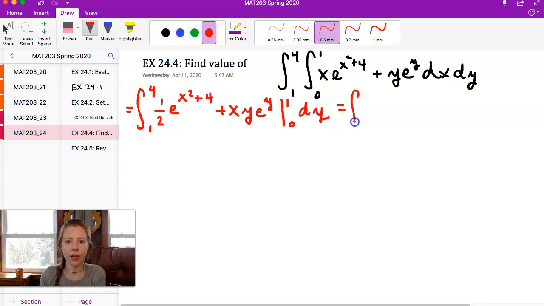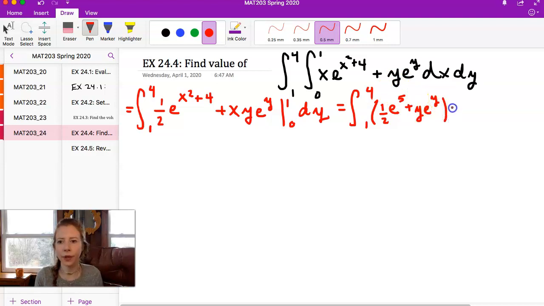And so this is going to be the integral from 1 to 4 of 1/2 e to the 5th plus y e to the y minus 1/2 e to the 4th dy.